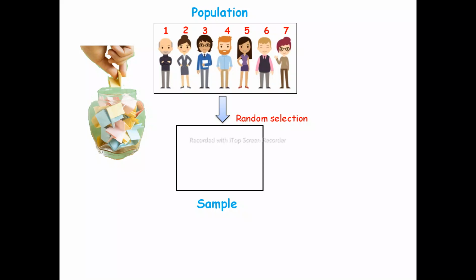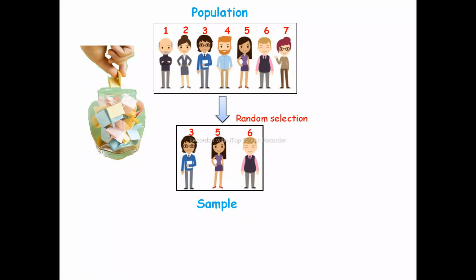You put names in a computer or an Excel sheet, randomize them, and it randomly picks people. So my sample becomes participant number 3, participant number 5, and participant number 6. Totally random. Remember that random sampling is based on random selection.